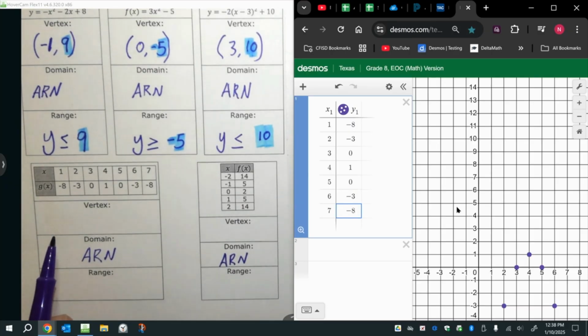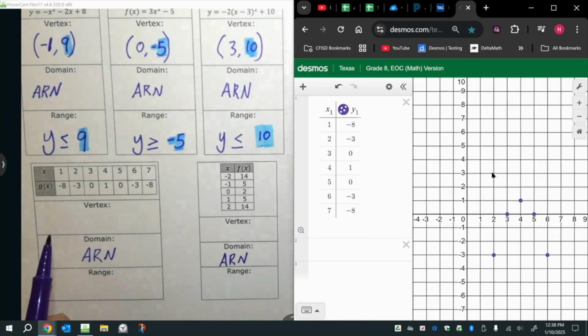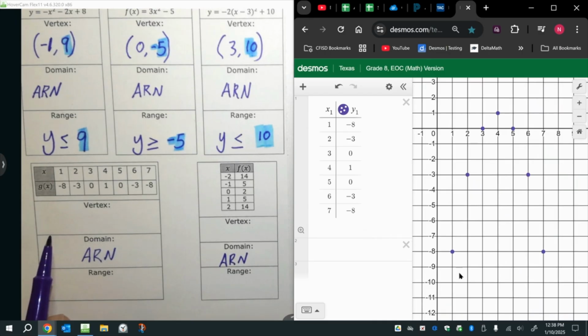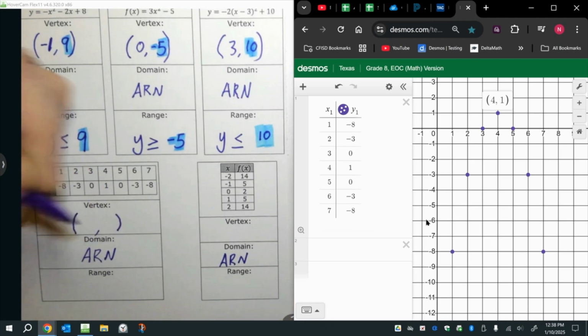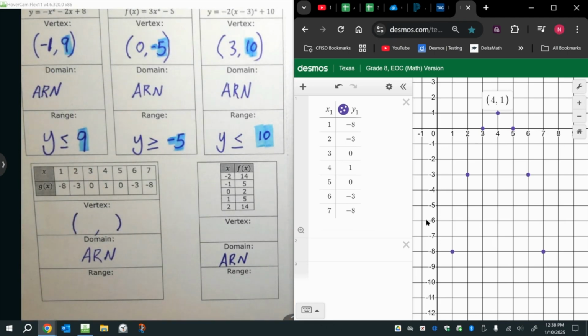What you notice over here is that you can kind of see the points. It looks like it's going up, and then it's going to make this point right here. So you can even identify where the vertex is going to be. My vertex is going to be right here. Here's what you should notice: the vertex never has a symmetric pair.